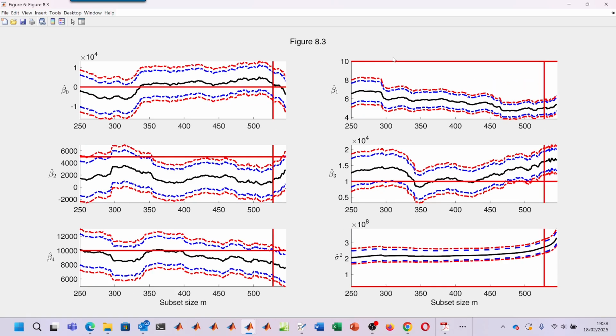We now turn to the second half of the search in figure 8.3, which is similar to figure 8.2 in what we are plotting, although not in content.